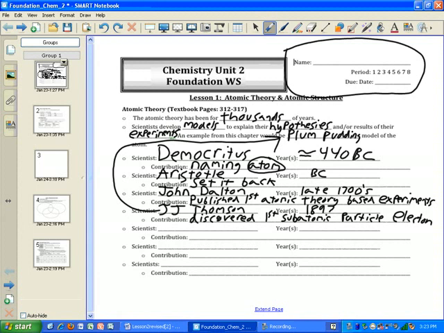The next scientist would be Ernest Rutherford. And he was around 1911 when he made his contributions to the atomic theory. And he discovered the nucleus, and he is famous for the gold foil experiment.